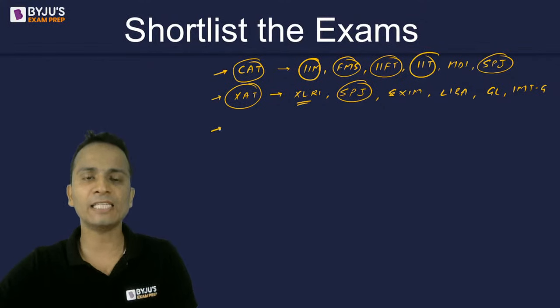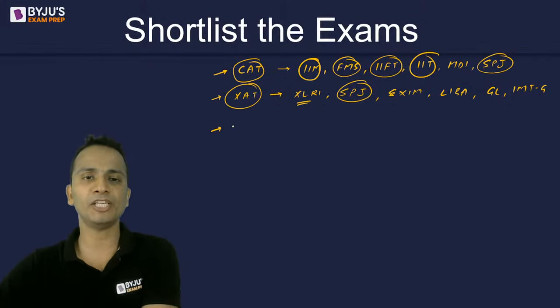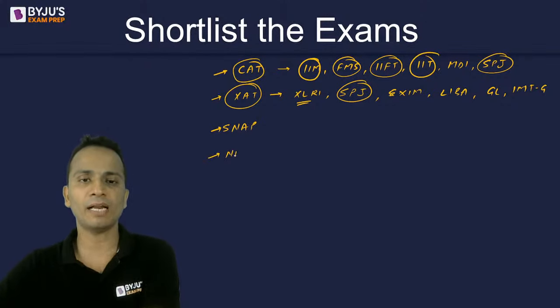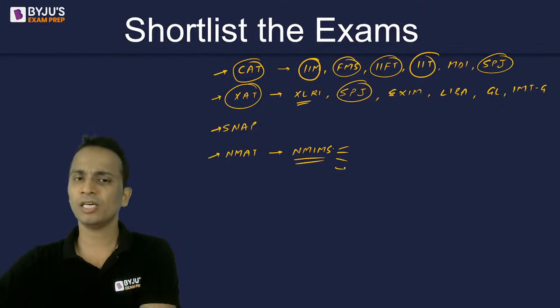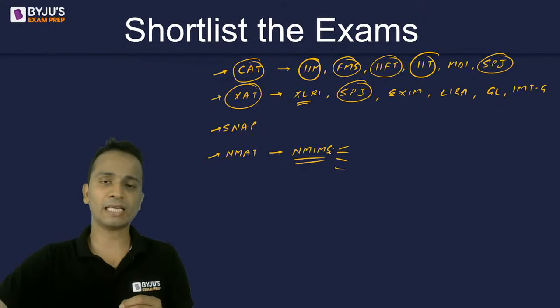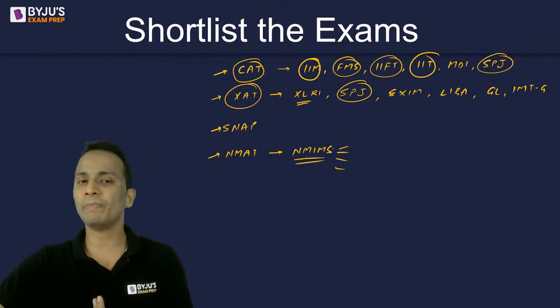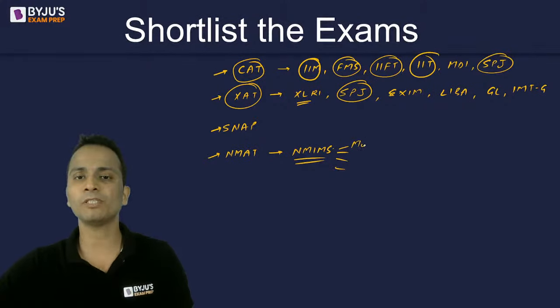So after CAT and XAT, the next big examinations are SNAP, Symbiosis National Aptitude Test, and NMAT. Okay. Now NMAT is conducted by NMIMS. Okay, and NMIMS has different branches. I can say the best branch or the main campus is the Mumbai campus.